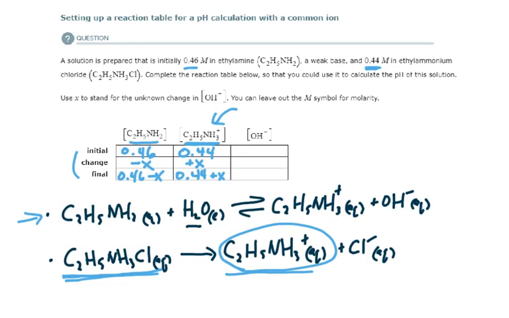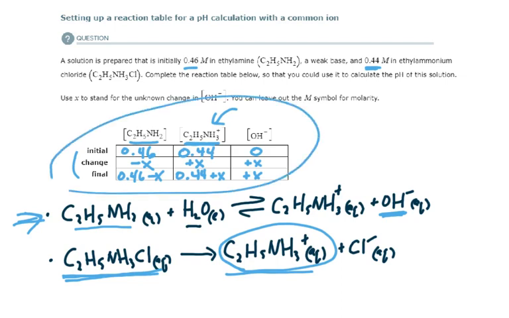So for hydroxide, the initial concentration will be 0 because hydroxide is only produced in this reaction, the protonation of our weak base. The change will be plus X, and the final concentration at equilibrium will be plus X. This will be your final answer. So if they asked us to calculate pH, well, because this is a weak base, you would use hydroxide ion concentration.